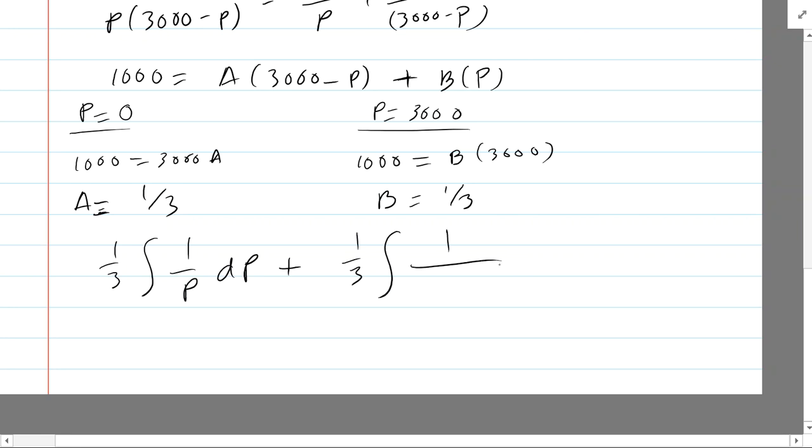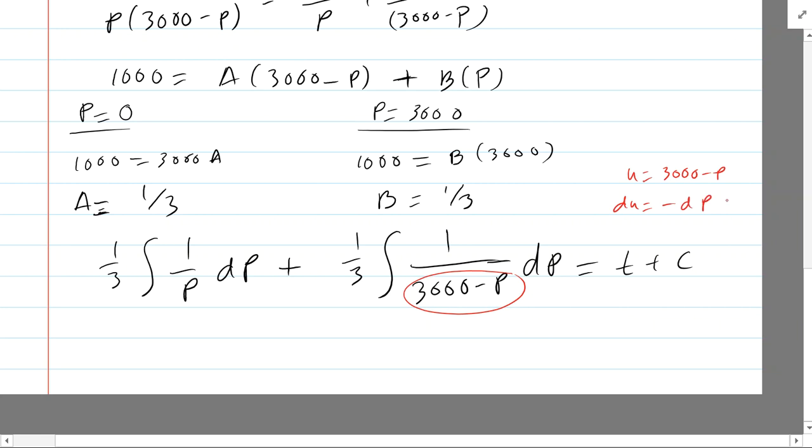integral of 1 over (3,000 minus P). Why did I write it separately? For those who forget that minus P, sometimes it might help you write it like this. If you write it like this, will it be a hint that this might be different? You probably need to fix that, right? And for those that have trouble with this, you're going to go u equals 3,000 minus P, so du equals negative dP.